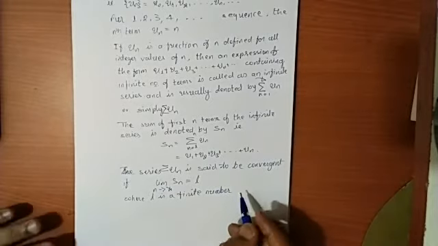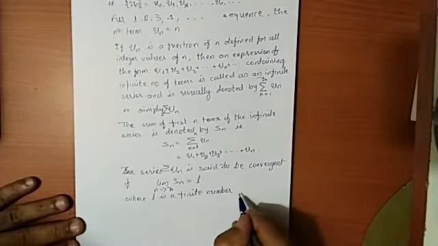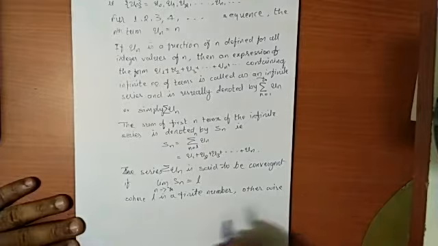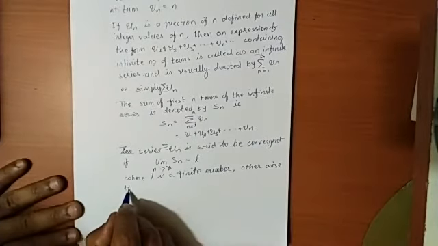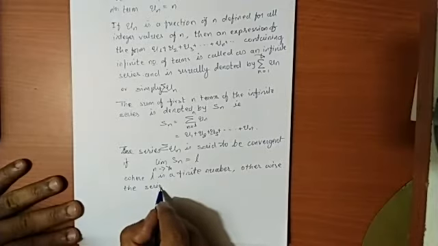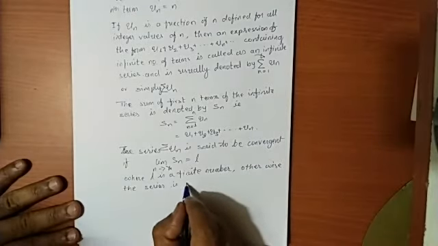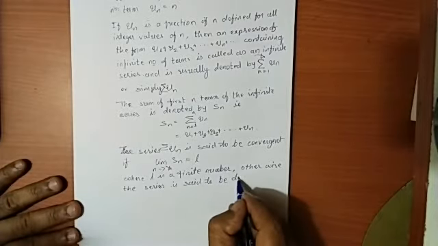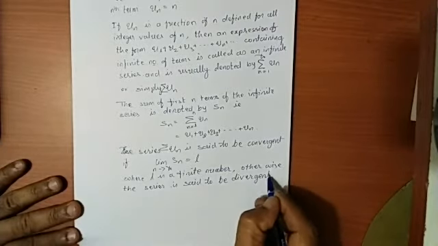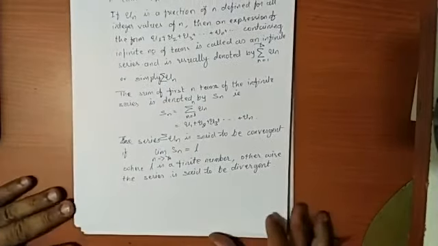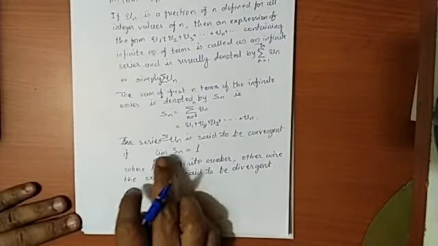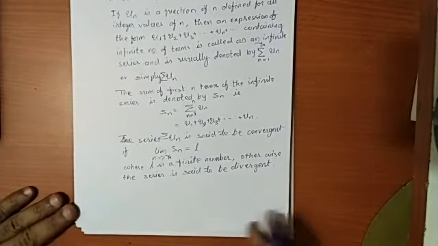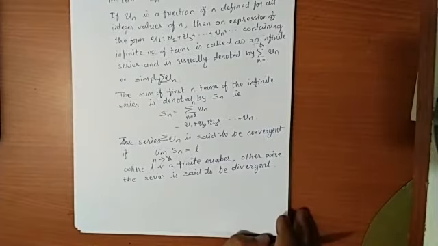Otherwise the series is said to be divergent. That is, when it does not give a unique value, if it goes to plus or minus infinity.